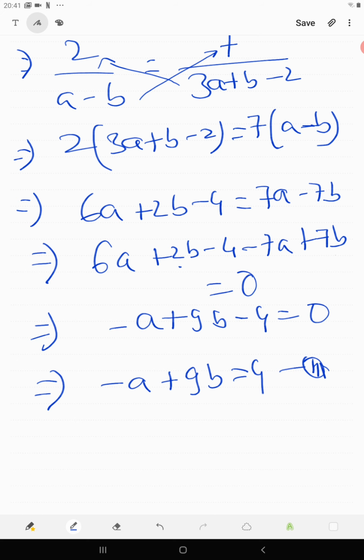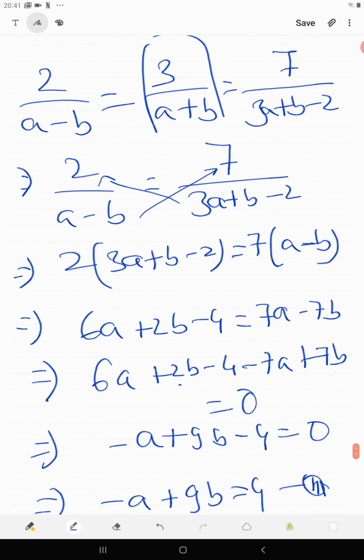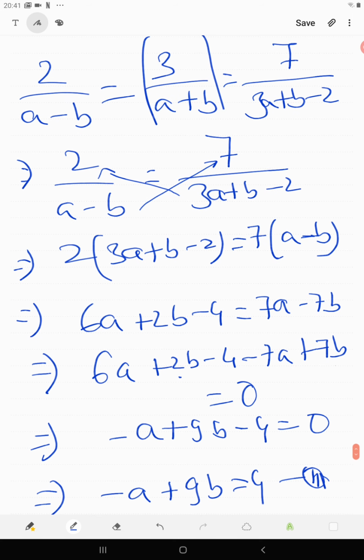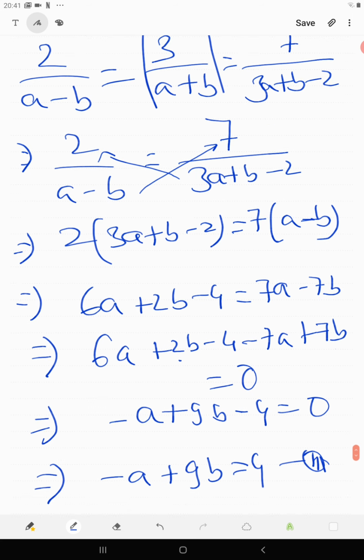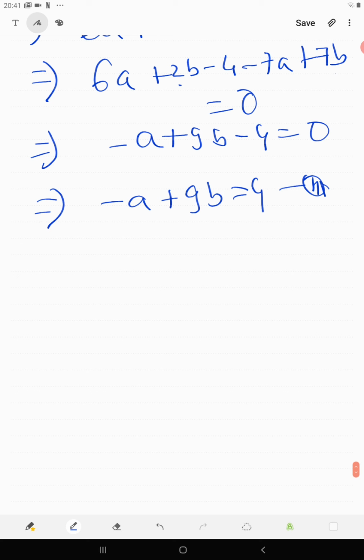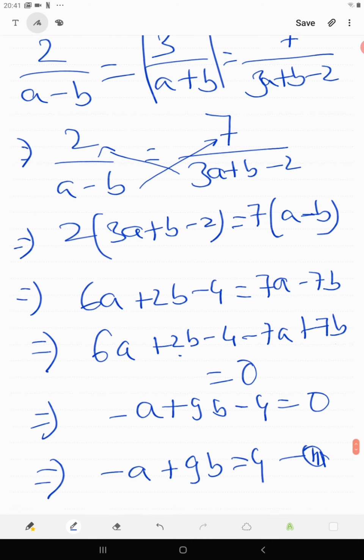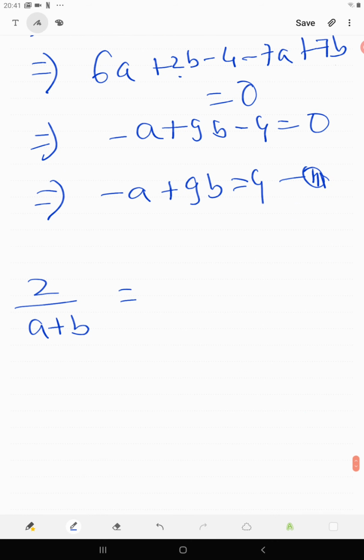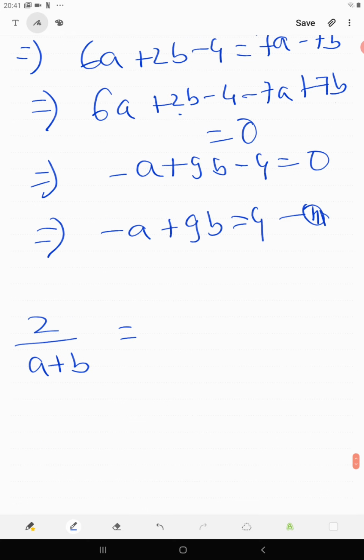And then let's take the first and second. So 2 by a minus b equals 3 by a plus b. Sorry, not a plus b, it should be a minus b.